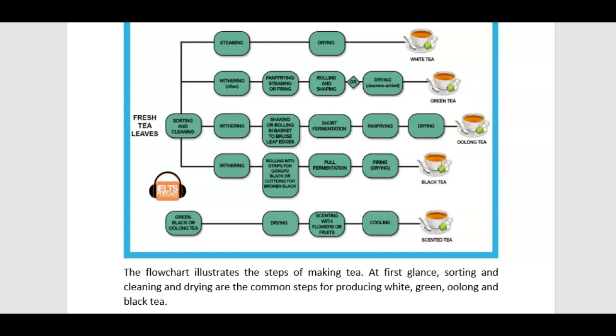So you could have said something like white tea had the fewest steps, whereas oolong had the most, or has. Or you could say that all the tea types can be used to produce scented tea except for white tea.